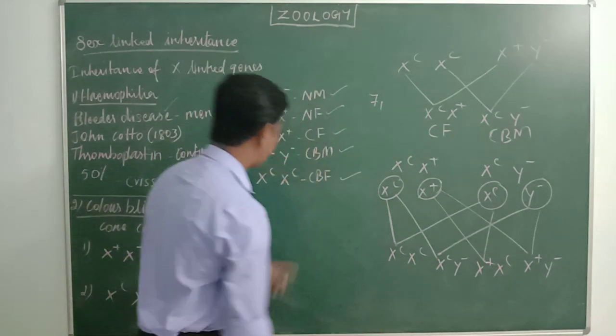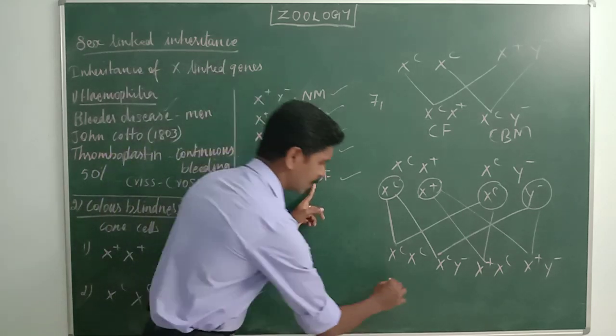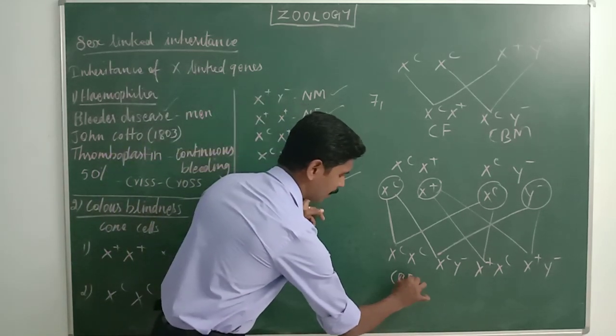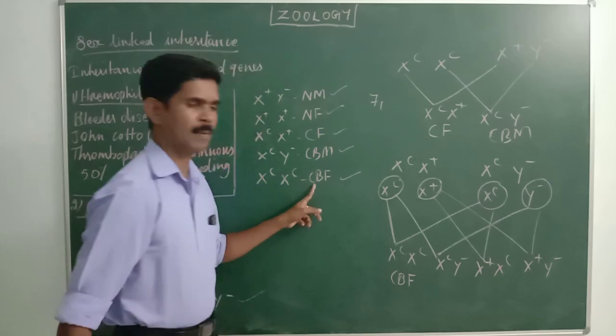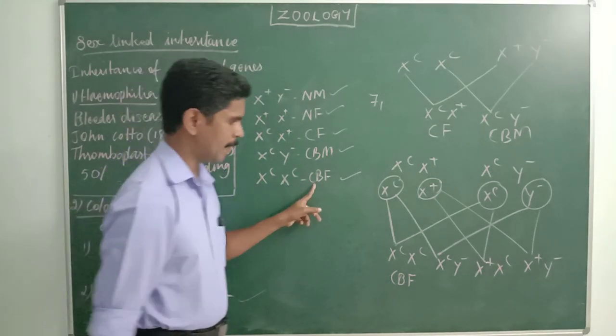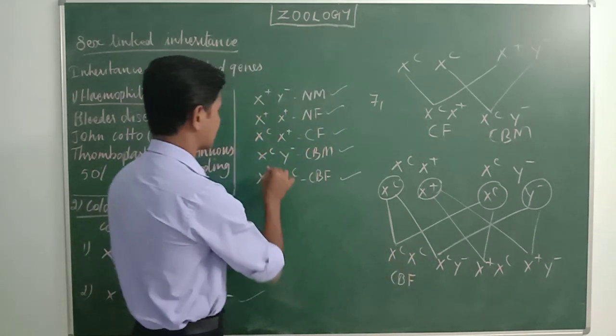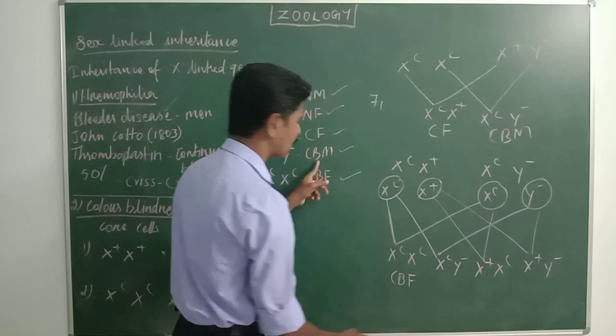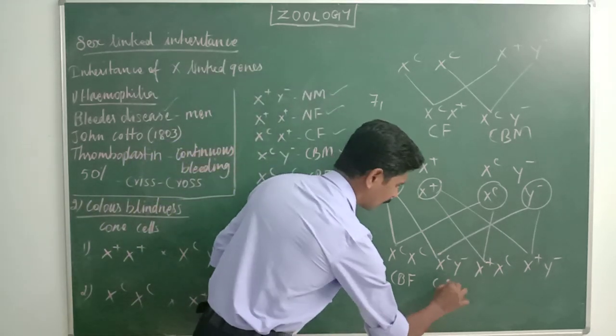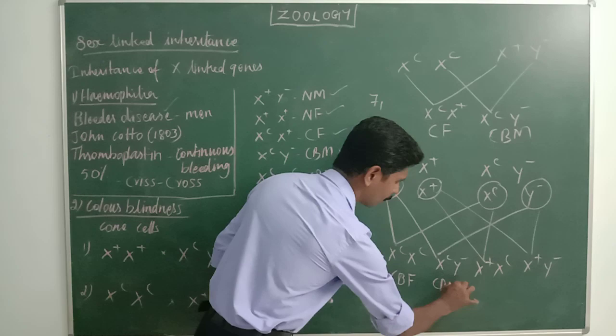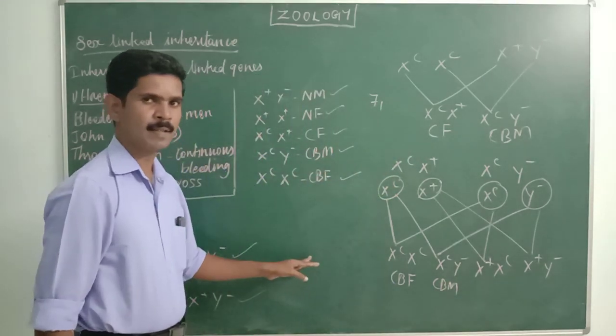XC, XC is a colorblind female. Then XC Y minus is a colorblind male.